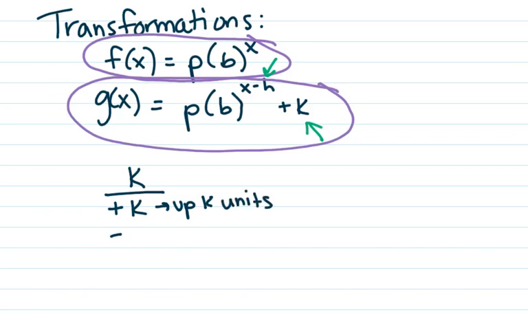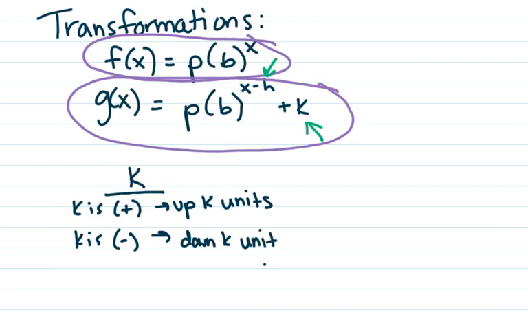Let me write this differently because I don't like the way I'm wording that. So if k is positive, then it's moving up, and if k is negative, then it's moving down k units. Okay. The one that gets a little bit confusing is h, and so h is going to move your function left or right.